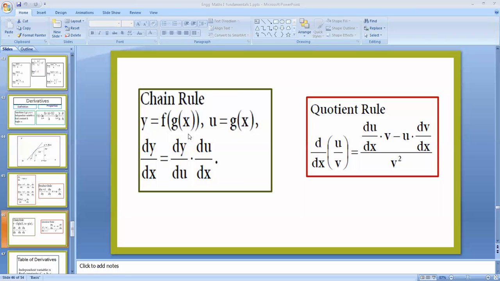If there is a function of function, that is, a composite function, how do you find the differential? First you have to define g of x as u, and then apply the chain rule in the differential. That is, dy by dx is dy by du into du by dx. Is that clear? So these are the various kinds of laws in the differential.